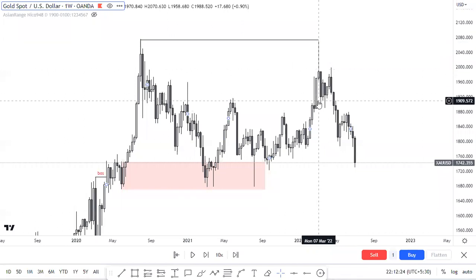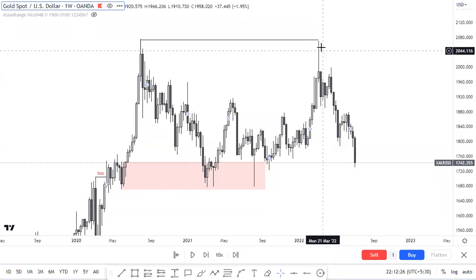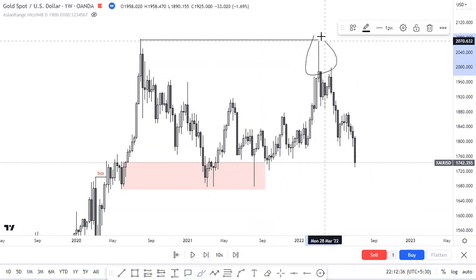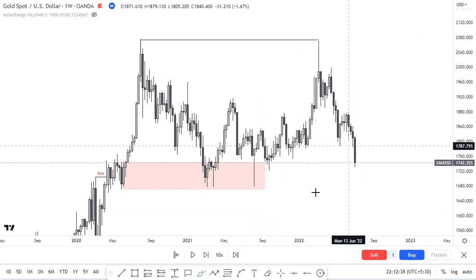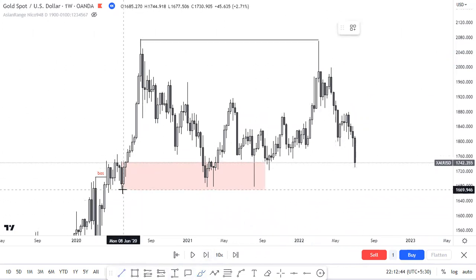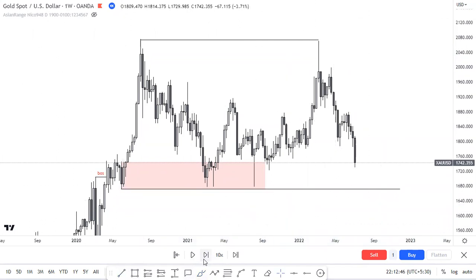So if we face this, this is the target I accept, okay? But in this case, if we face this kind of rejection in the market, we know we are not going to hold. Let's see. And once this has done its duty, we know this becomes liquidity after some point of time.